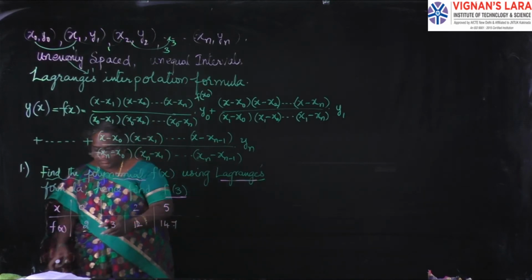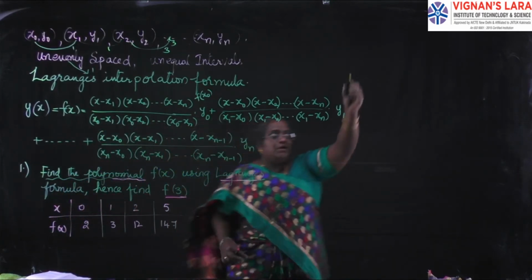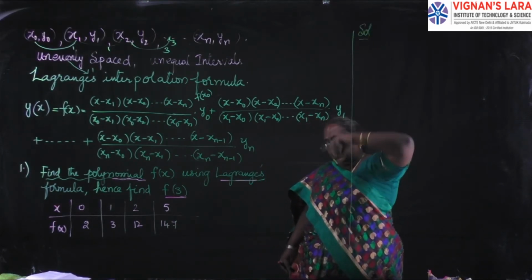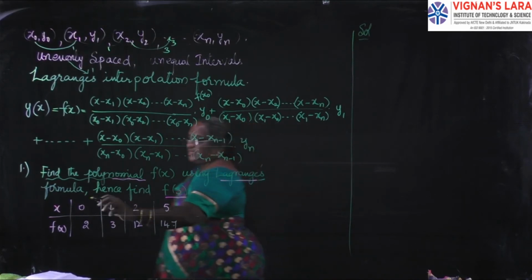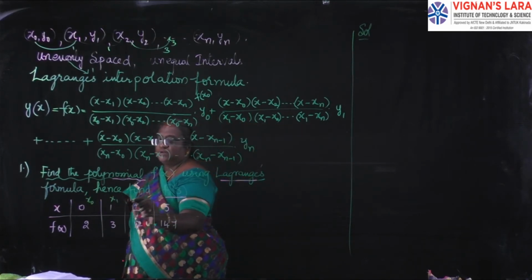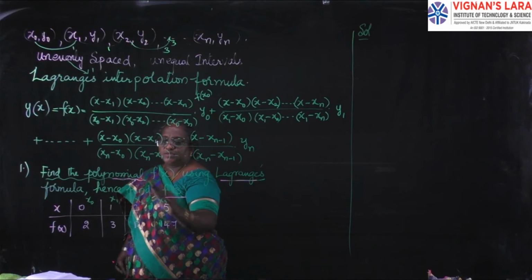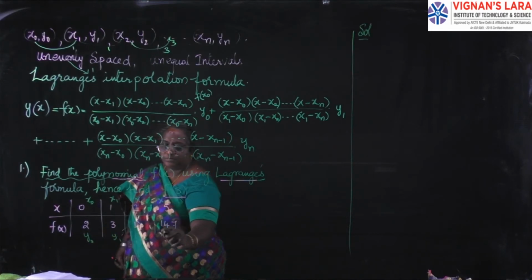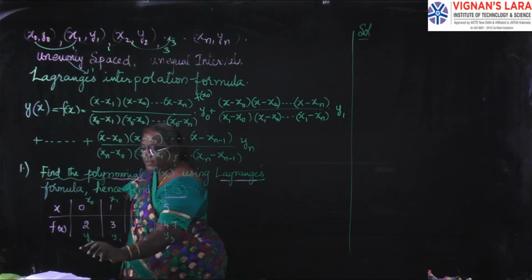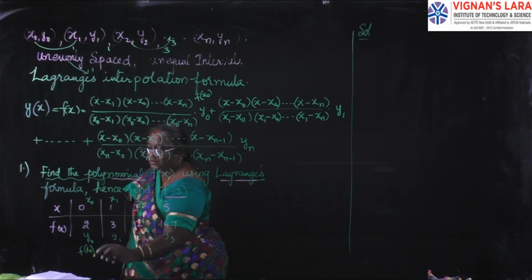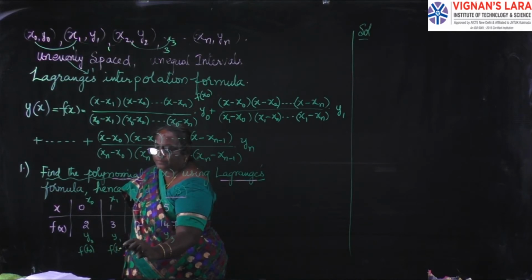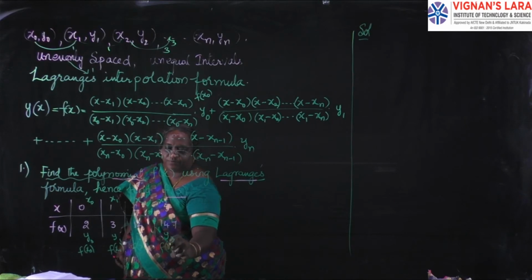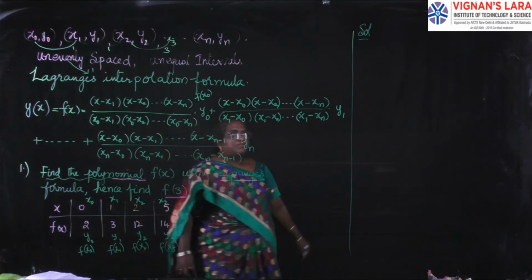So now, in the solution, we have to write the given values. This is x0, x1, x2, x3. Correspondingly, this is y0, y1, y2, y3, or f of x0, f of x1, f of x2, and finally f of x3. For this you will be given marks.